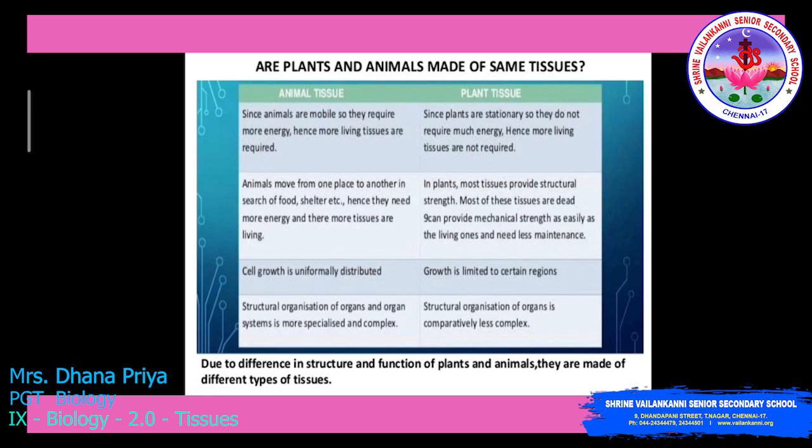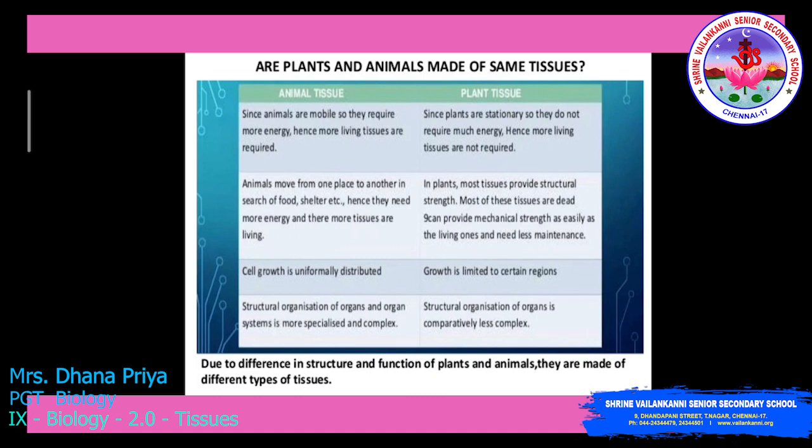In animal tissue, the structural organization of organs and organ systems is more specialized and complex. Because in animals there are well developed systems, right? For example, respiratory, circulatory, excretory. So a lot of systems are there in our animal body. But in plants it is not like that.